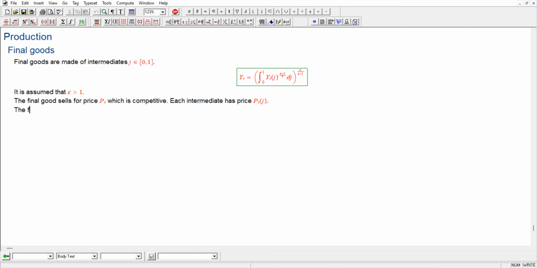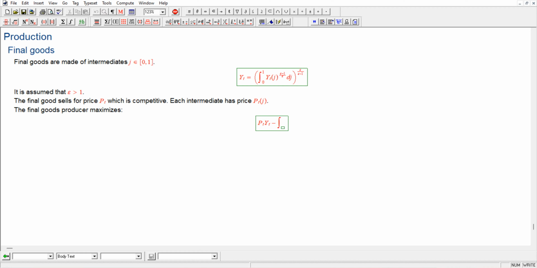So the final goods producer maximizes. Well, they're trying to maximize their output times its price, this is revenue, minus their costs.